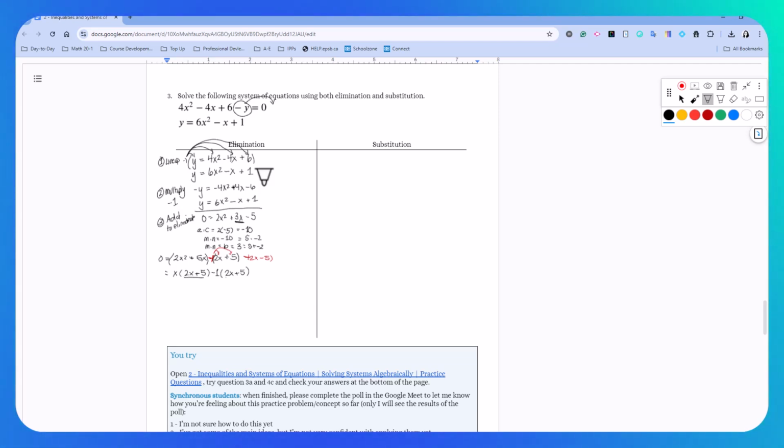And that is a good clue that we've done something right. So now I'm going to factor out the 2x plus 5, and what's left? When I take out the 2x plus 5, I have x minus 1. Notice right here that this x comes here and the negative 1 comes there.